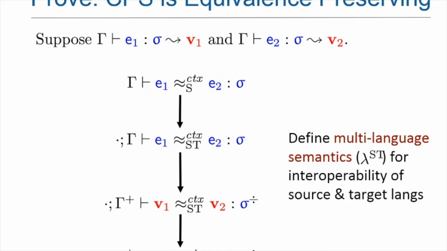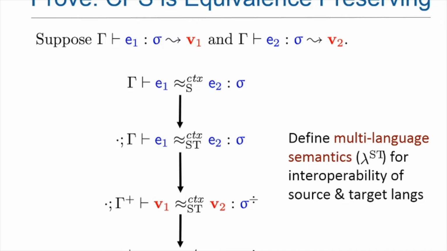They represent computations that are waiting on their continuation to be called. And using that, they define a multi-language semantics that interoperates between the source language and the target language in order to make translating arbitrary computations now in the target language easier to back translate into the source language.